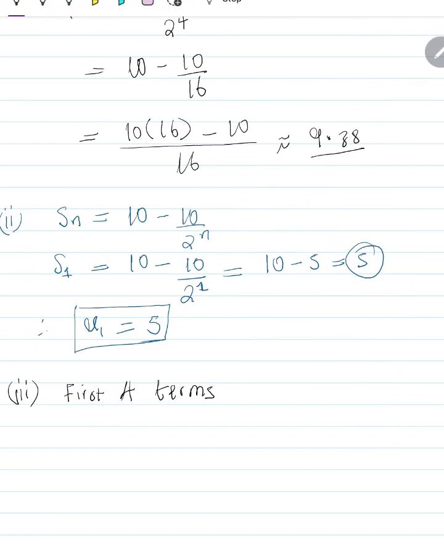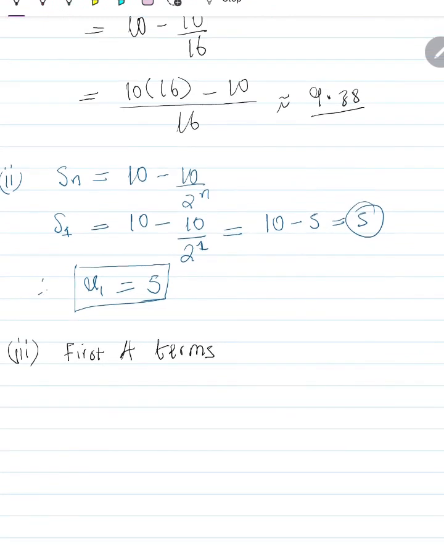This is very simple, because we have already shown that the first term is 5, and we have been given Sn equal to 10 minus 10 over 2 to the power n.